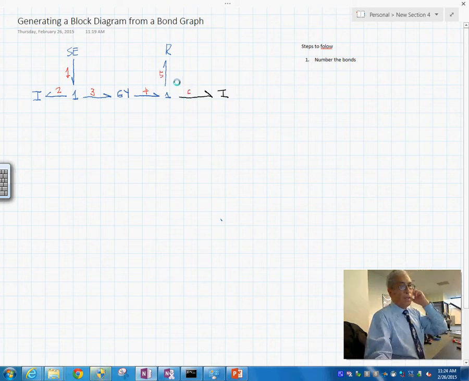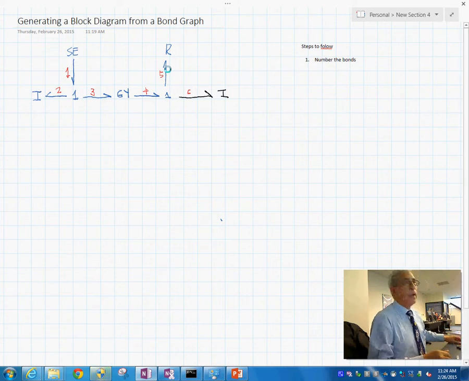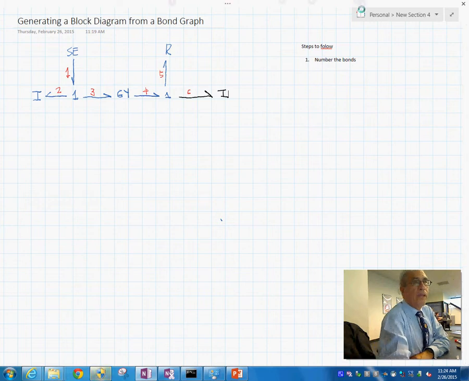The next thing we do is make sure that the causal marks are correct. If you are given a bond graph model from a textbook, it will already have them.